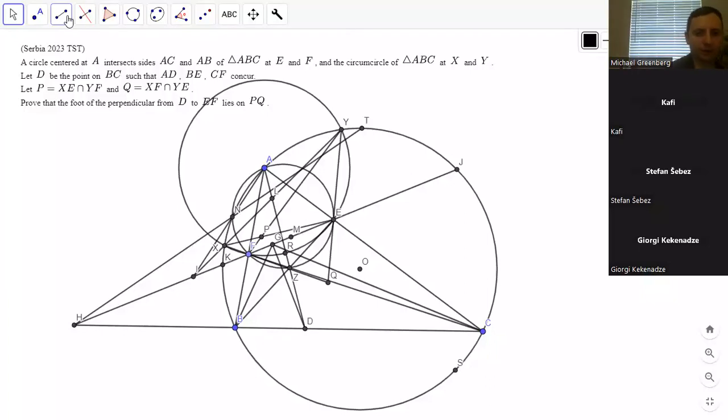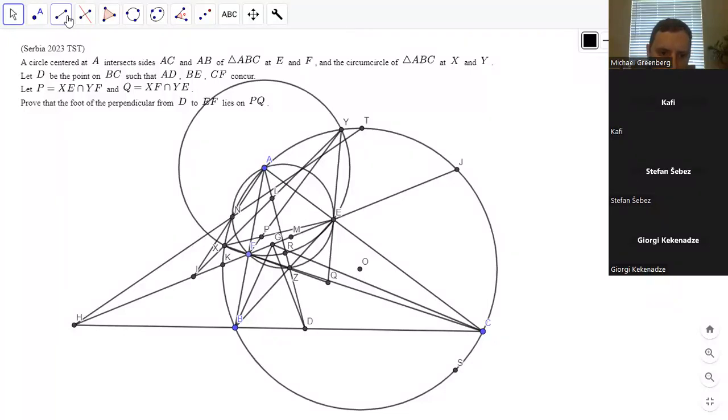I think once we show that, the problem's solved. Is that just like the radical axis theorem somehow? I want to show T, N, and H are collinear. T, N, and H are collinear, that is obvious.